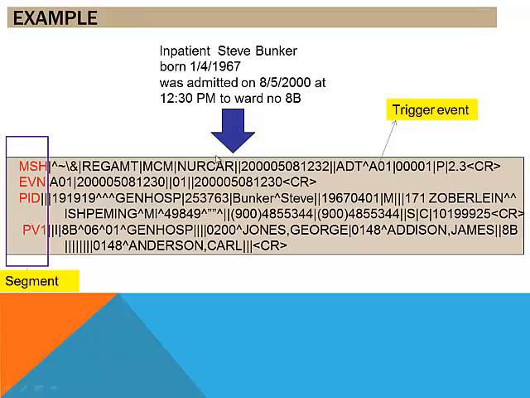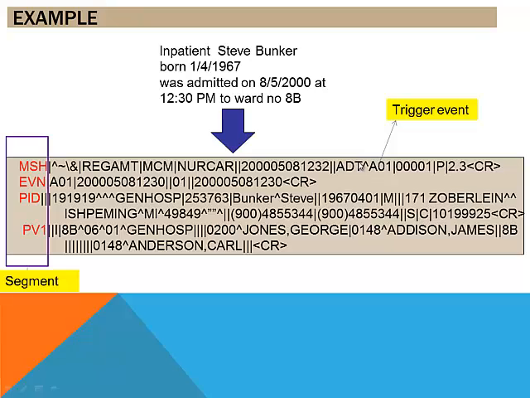So how do we construct this kind of message so that the information related to this patient will be sent out? It was because this person was admitted. That's a trigger event. In fact, in the message we will put the trigger event code inside the message.